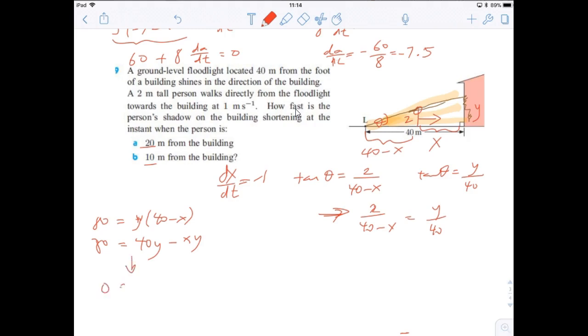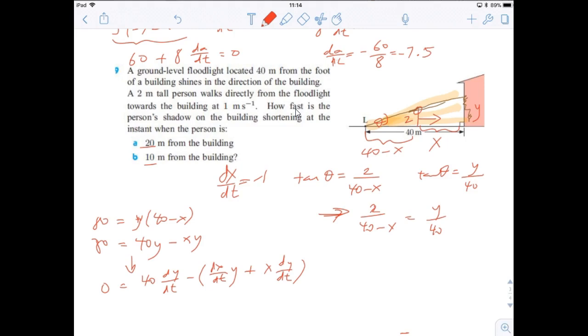So the left side derivative would be 0. The right, remember, we're taking the derivative with respect to t because it's a related rates problem. So the derivative of 40y is 40 dy/dt. The derivative of xy, and we'll factor out the negative sign here, would be dx/dt times y plus x times dy/dt.